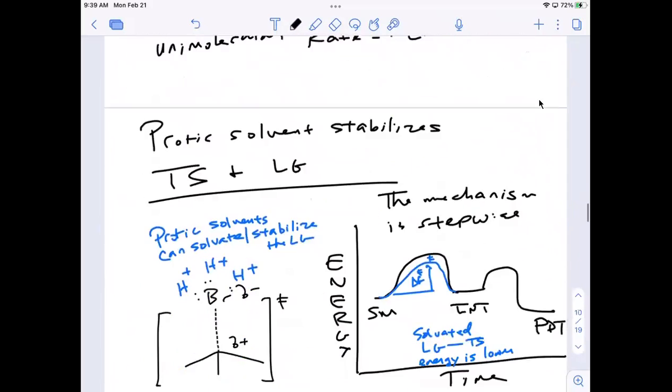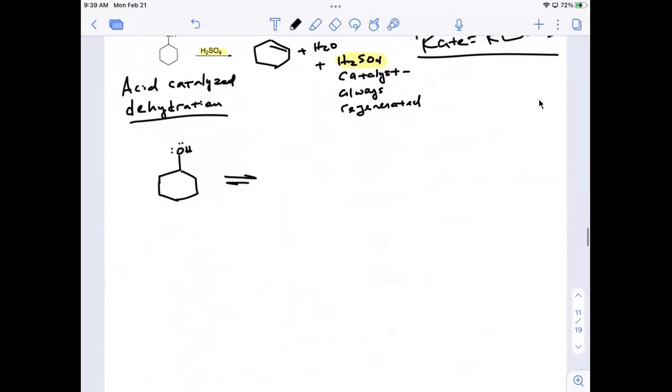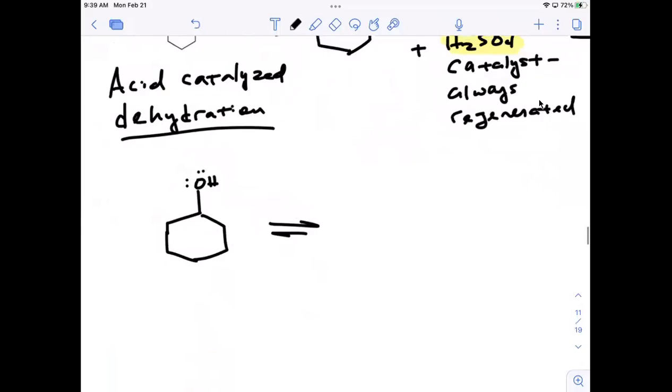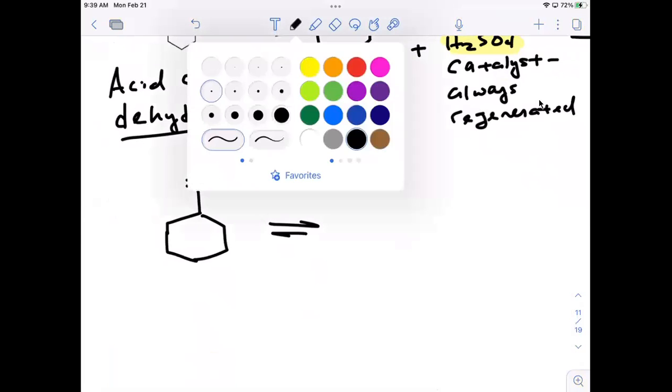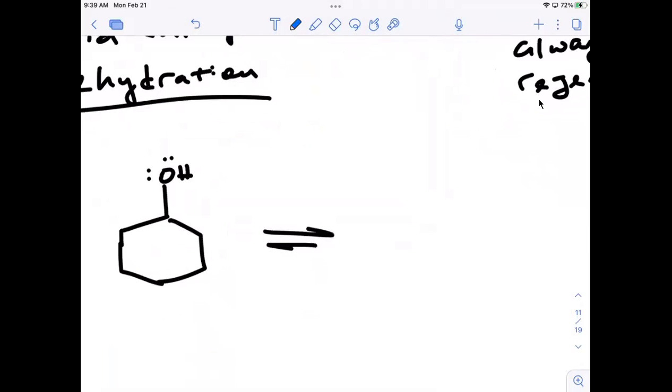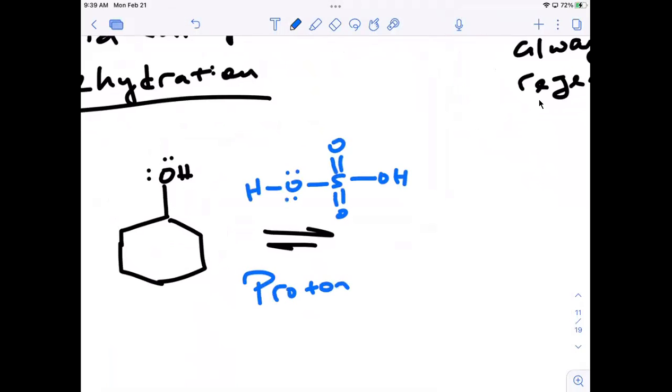All right. So the first thing I'm going to do, and I'm going to make my acid a different color. I'll regret this later because I have to keep changing it. But I'm going to show the sulfuric acid. This is the structure of it. Right. And so the first step is proton transfer. This is not the rate determining step.